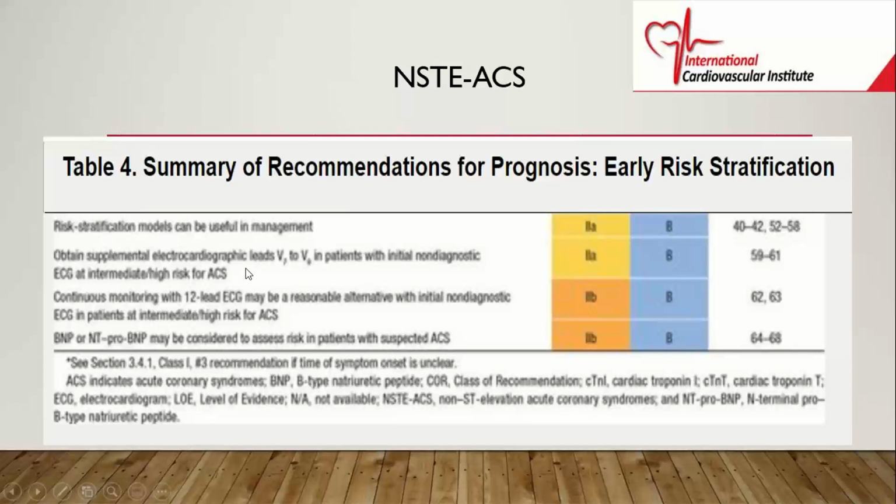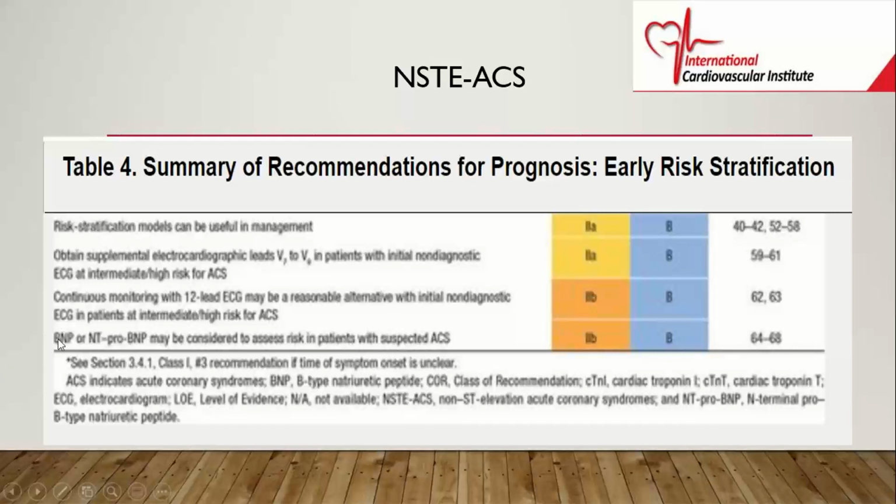So this is saying that if the initial 12-lead ECGs don't show anything and the patient continues to have chest pain and shortness of breath, you can do unconventional ECGs, V7 through V9. You can also do continuous 12-lead ECG, and you can do BNP.